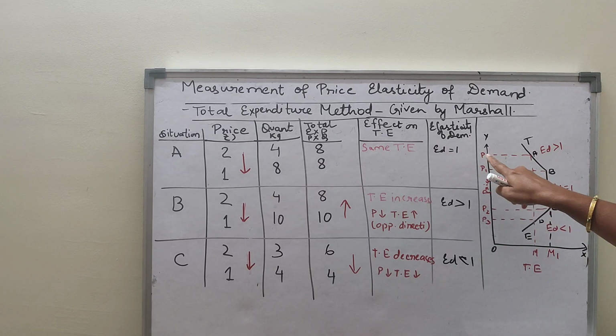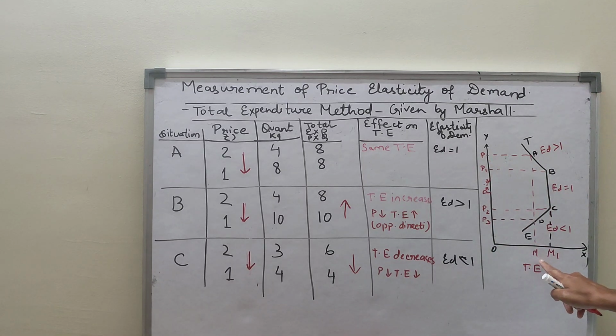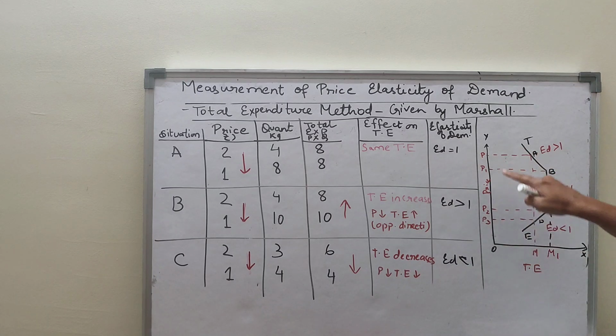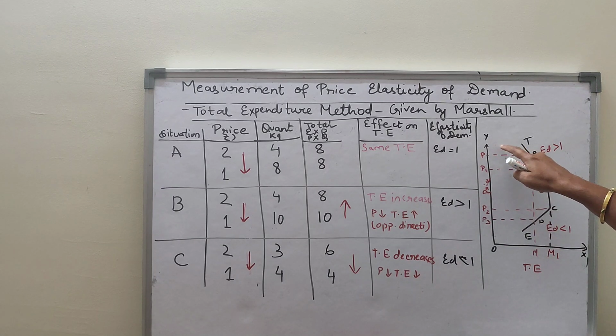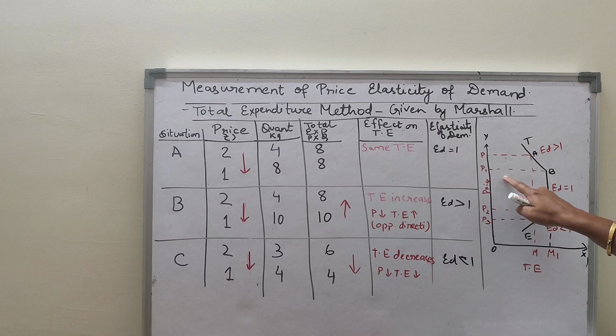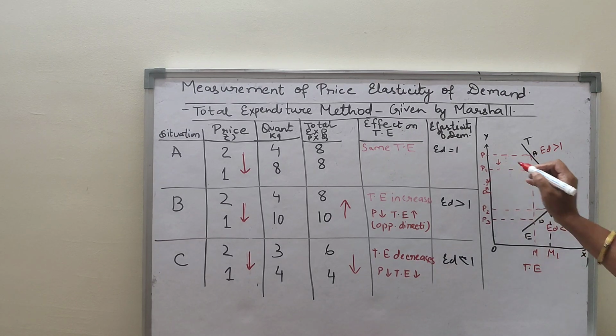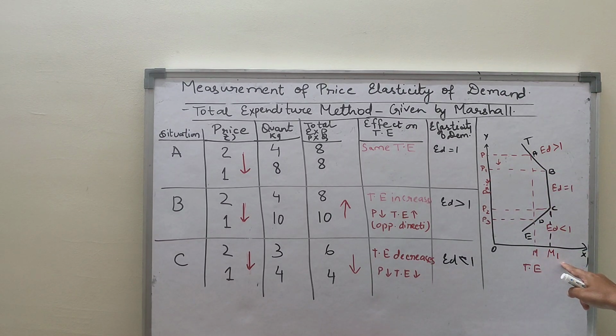When price is OP, my expenditure was OM. Clear? Now when my price falls from OP to OP1, my expenditure increases from OM to OM1. Can you see? My price falls, my expenditure increases.